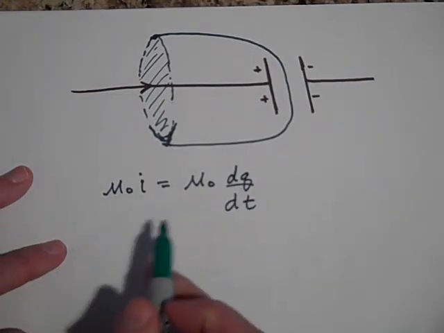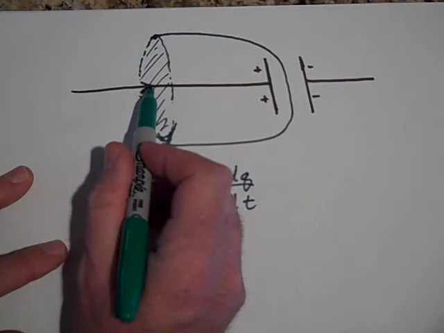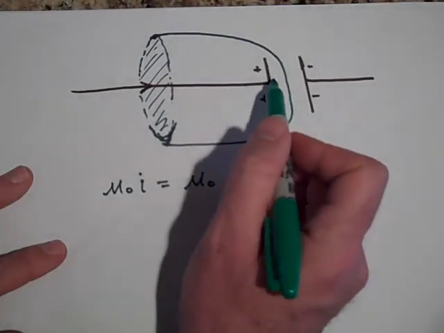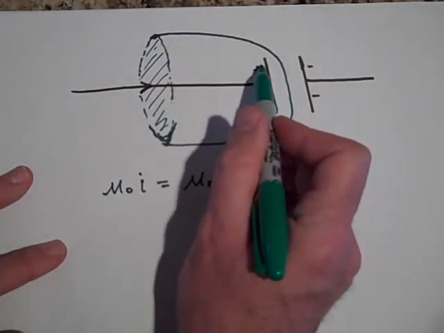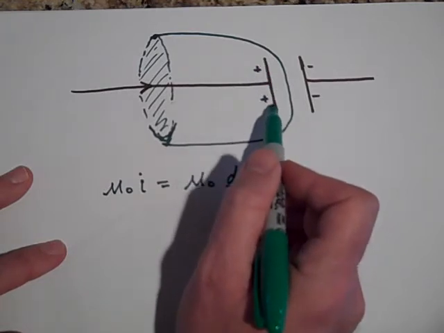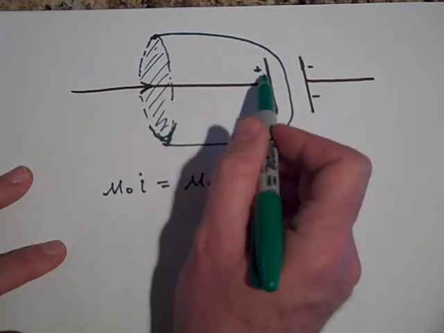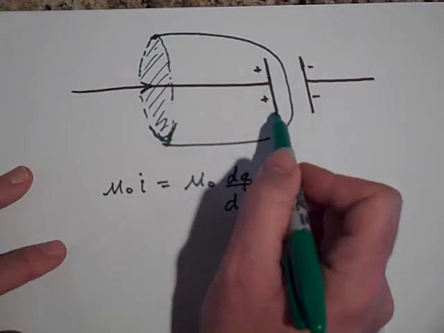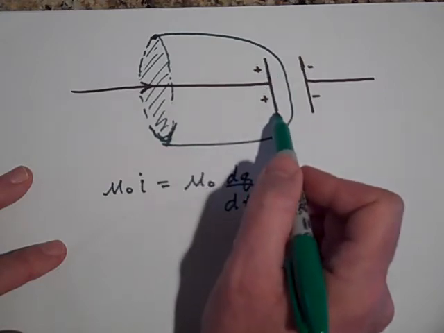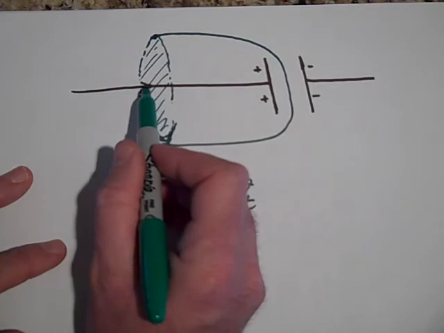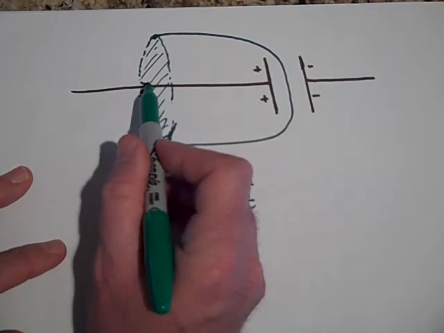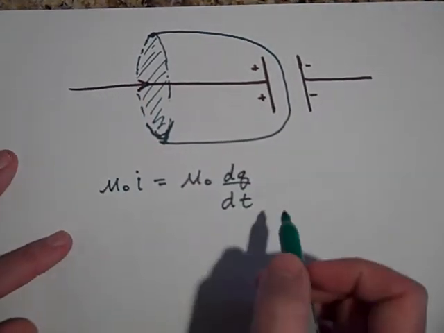And so the current here, dq dt, is related to how much charge the capacitor is gaining over time. In fact, the dq dt, the gain in charge of the capacitor over time, is equal to the current right here. So that's what we're going to say.